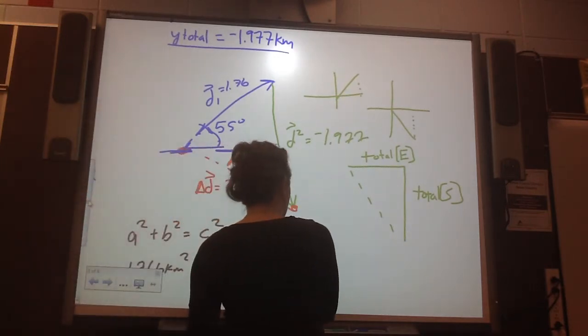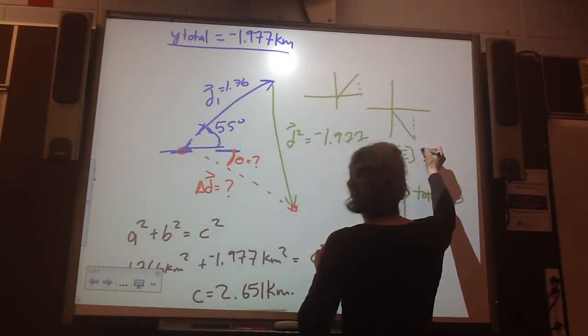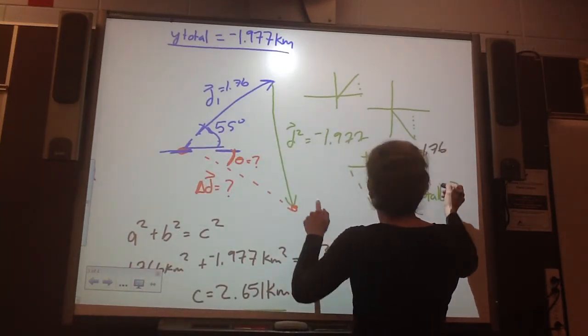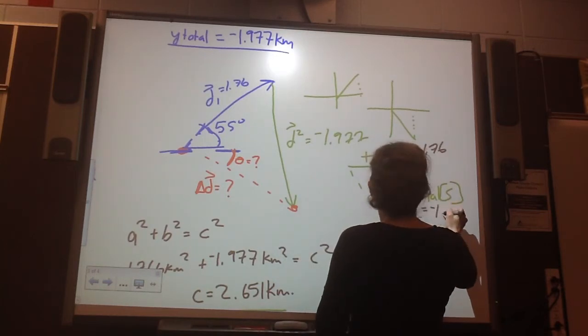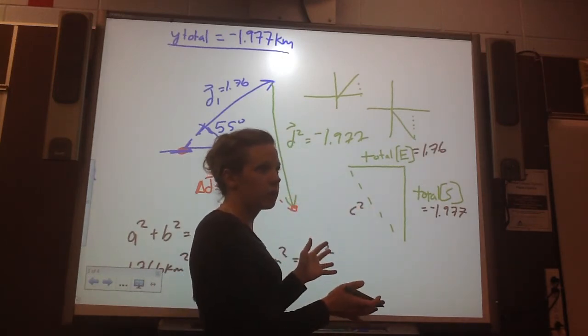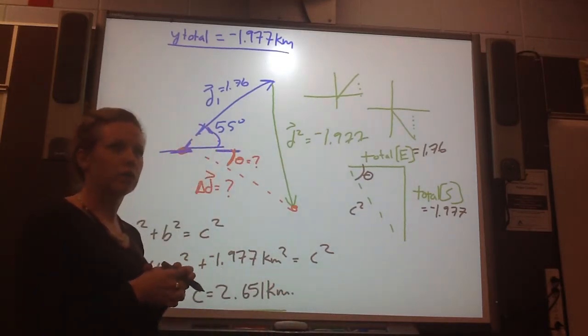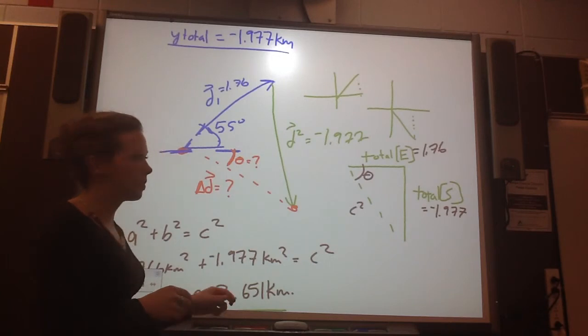So this would be a better way to draw. As we said, we know our total east is equal to 1.76, and our total south is negative 1.977. Then it's probably more clear that we can use Pythagoras theorem and know that it's a right angle triangle. Yeah. Thank you. That's a much better way.